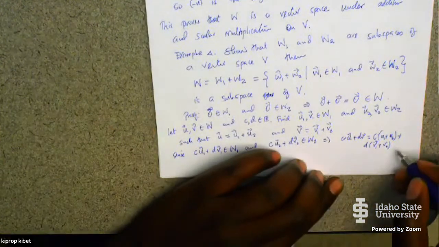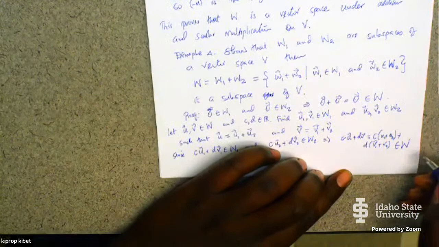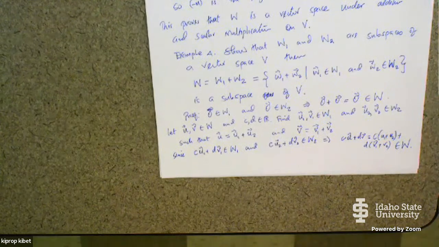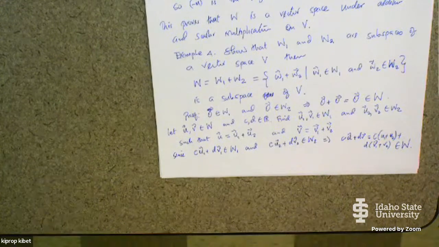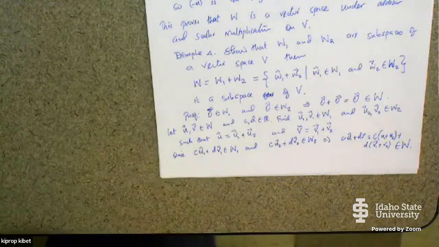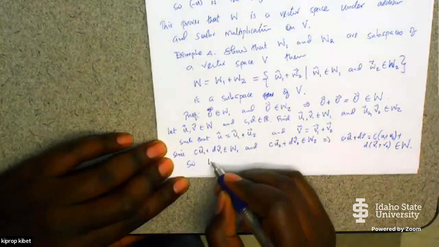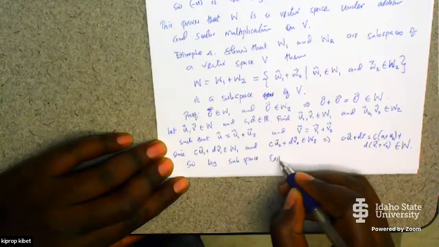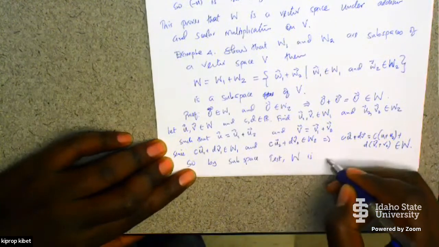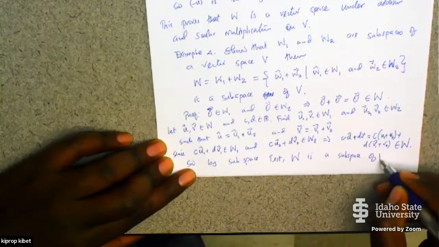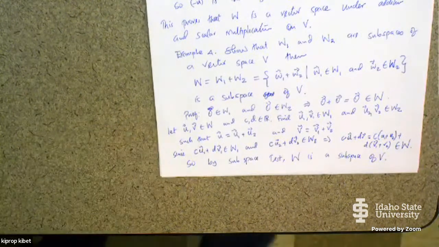And basically, this is in W. So therefore, this shows that it is a vector space. So by the subspace test, W is a subspace of V.